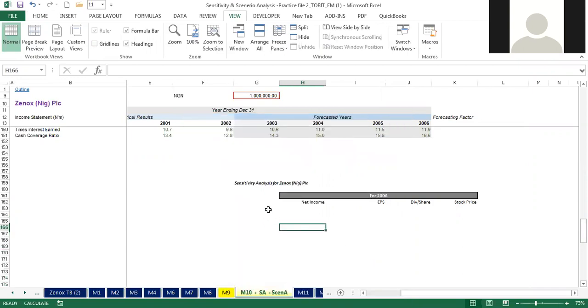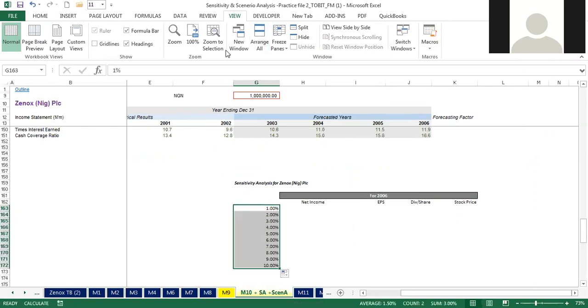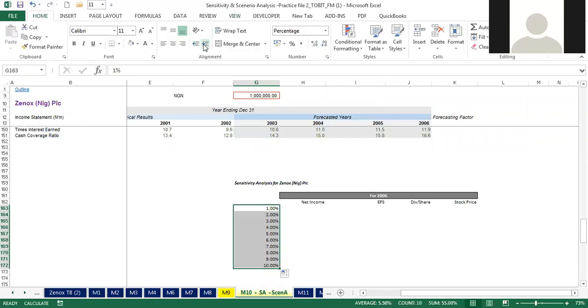All right, so what we now simply do is have our sales growth from 1% to 10%, right? All right, that's fine. 1% to 10% is fine.